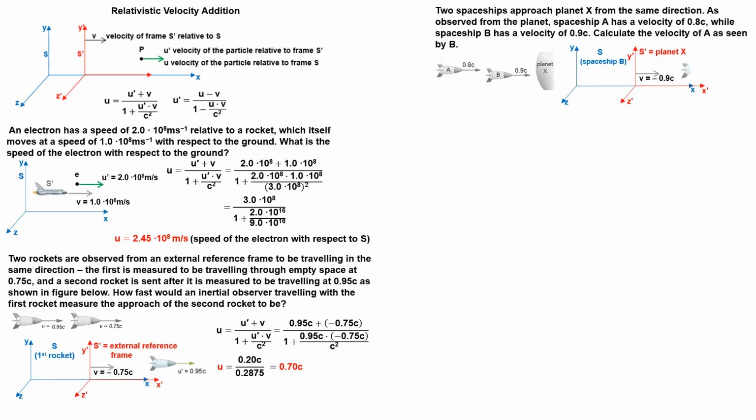We now draw a picture of the situation. We can now simply substitute the values into the Lorentz velocity transformation. The negative answer implies that A is moving away from B.